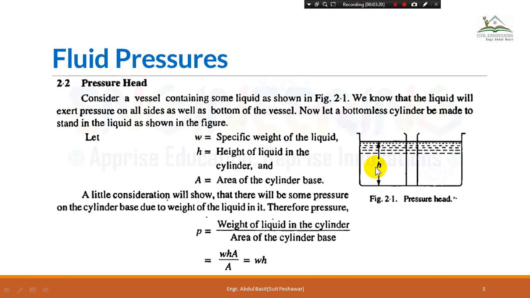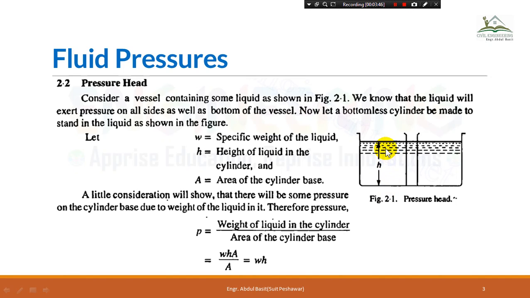For example, we have some water in this container. That water will exert some pressure on the bottom of the container. Whenever we increase this head of water, which is simply the level or height of water present in the container, the pressure on the bottom of the container will increase.